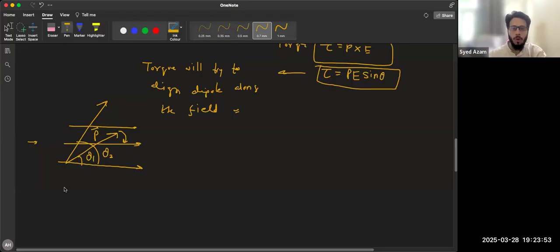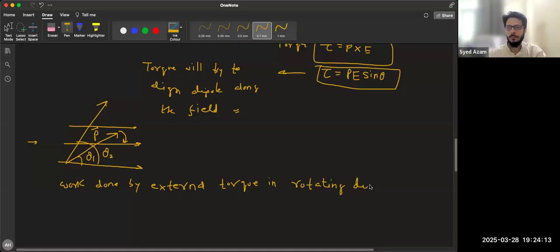Work done by external force, or I should write, by external torque, in rotating the dipole from theta 1 to theta 2.